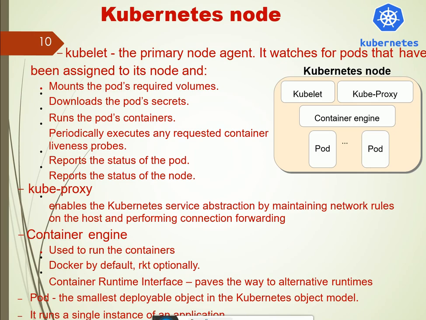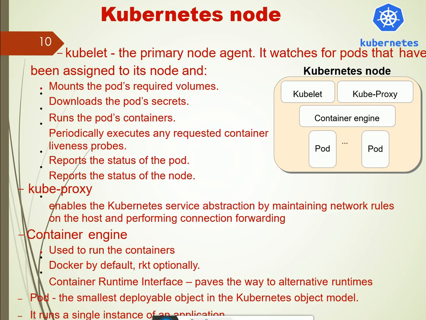Container Runtime Interface, by the way, allows alternative runtimes. Pod, the smallest deployable object in the Kubernetes object model. It runs a single instance of an application. This is all about Kubernetes node.